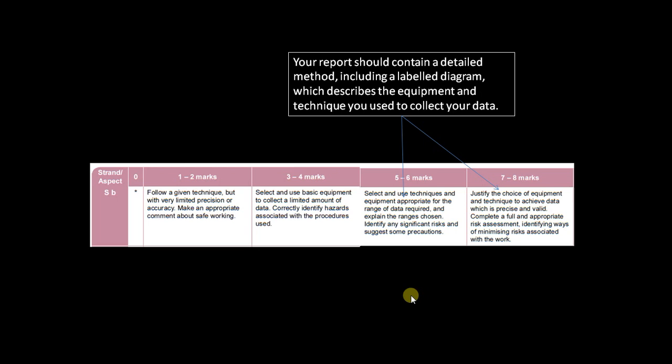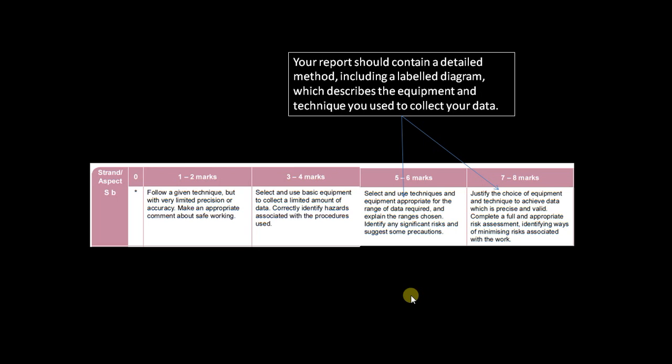When you're talking about the equipment, one of the most important things you can talk about is the precision of your measuring apparatus. So if we refer back to that experiment where we're boiling the water in a beaker again, you could talk about the type of thermometer you're using.